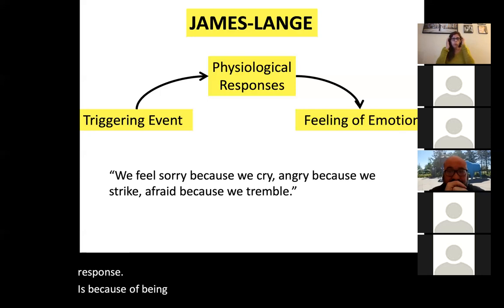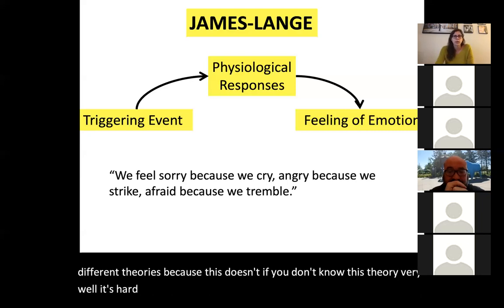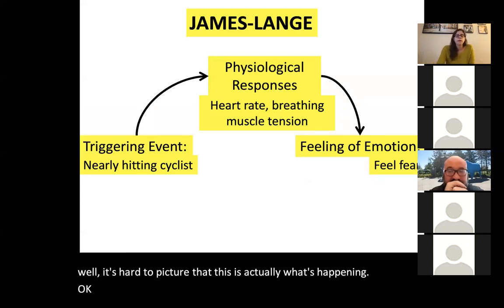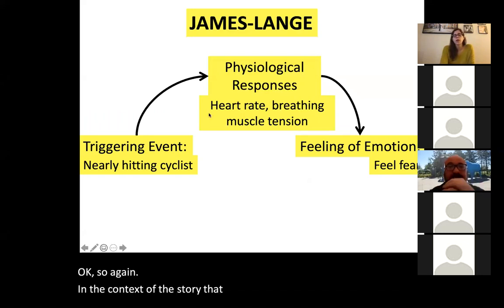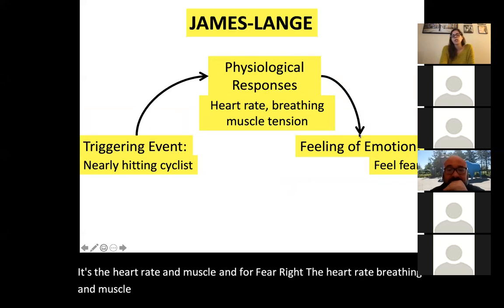So it is kind of hard to remember these different theories, because if you don't know this theory very well, it's hard to picture that this is actually what's happening. Again, in the context of the story that I told, it's the heart rate, breathing, and muscle tension happening first, which then you're like, oh, okay, I'm feeling afraid right now.